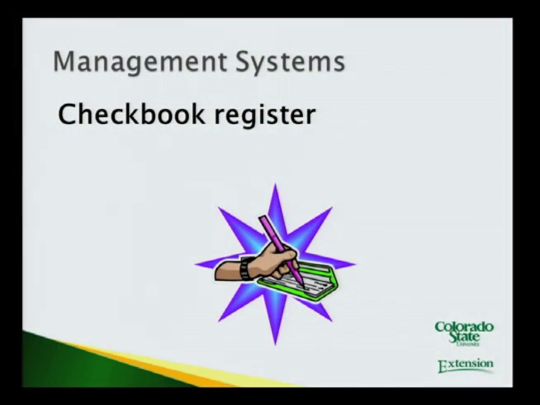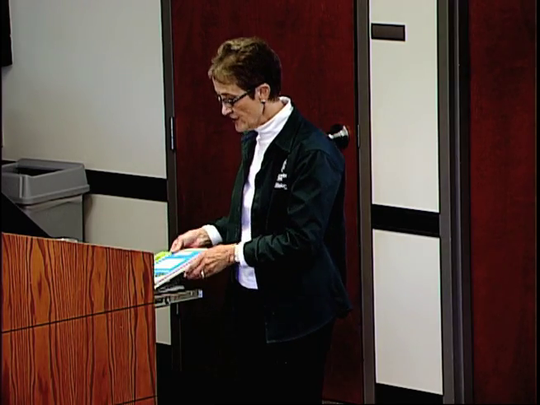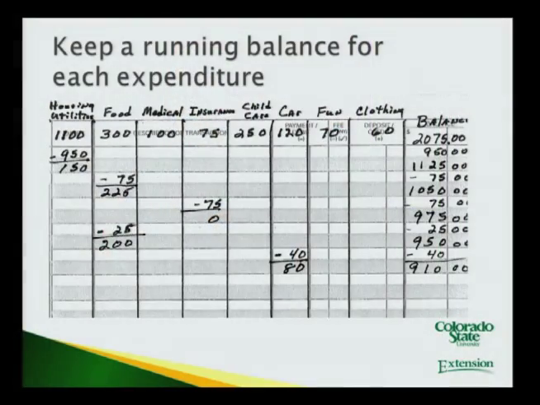Another management system that maybe you've not thought about is using your checkbook register. If you pay by check, or even if you don't pay by check, it's a system you can use, and essentially what you do is you take your checkbook register, and it's okay to write more lines in the checkbook register and make categories according to what your spending plan is.